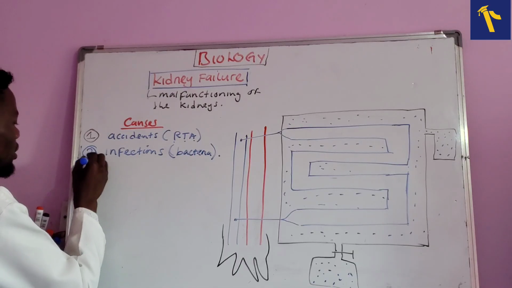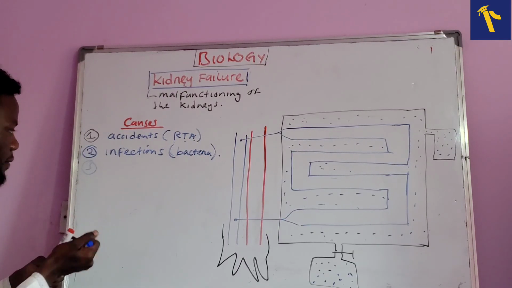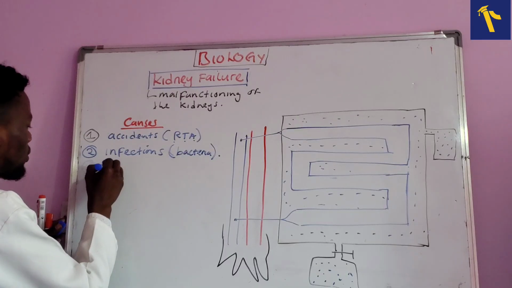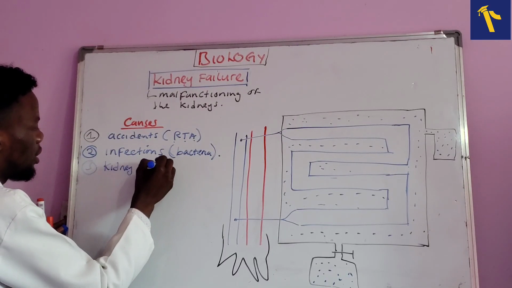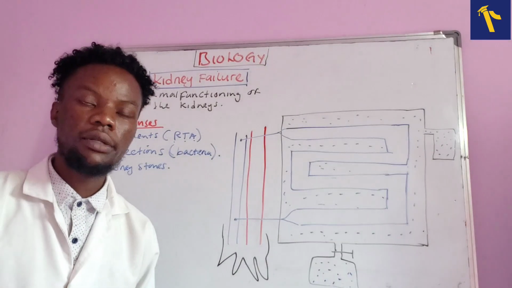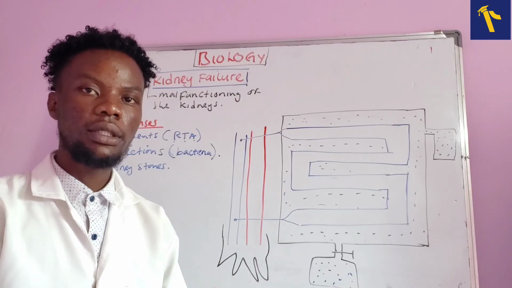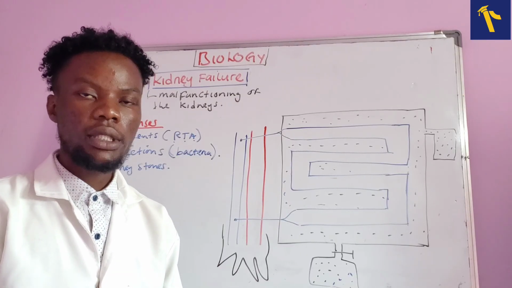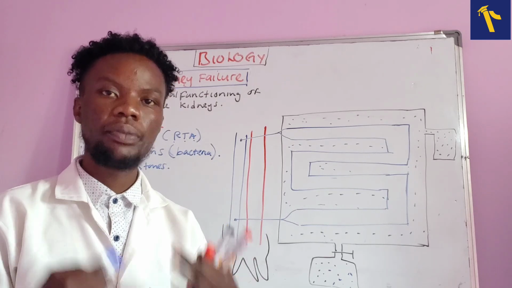Then what is the other important cause apart from infections? The other important cause is kidney stones. Kidney stones can also cause kidney failure. Basically, we're saying that in the kidneys there are some stones that make the kidneys stop functioning properly.